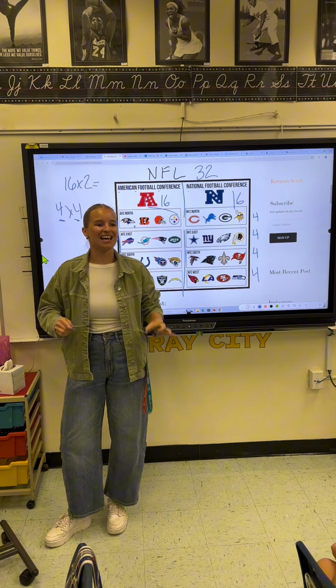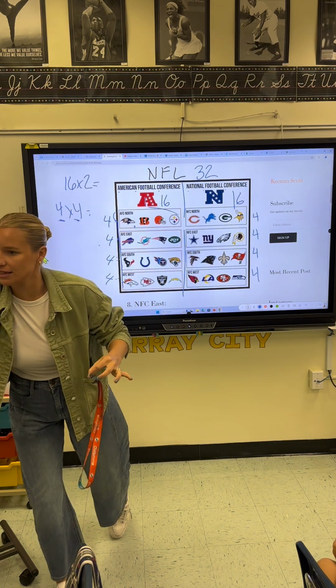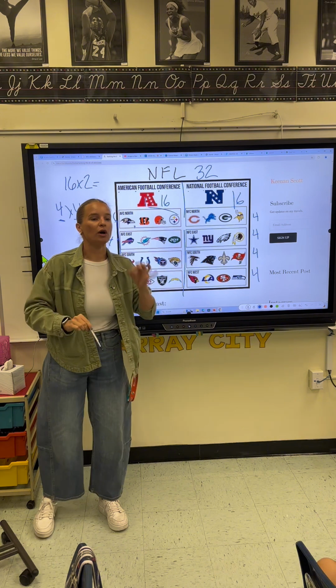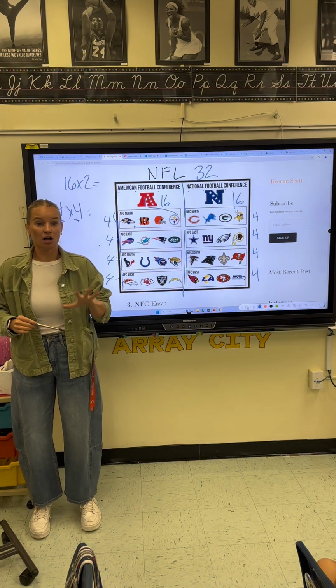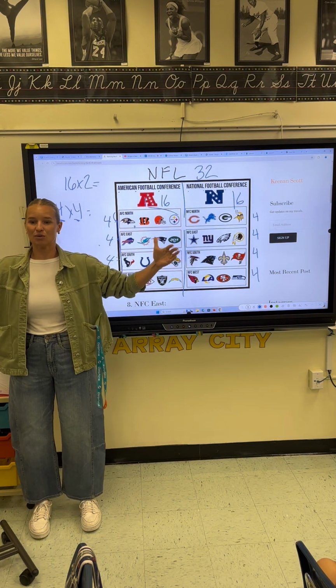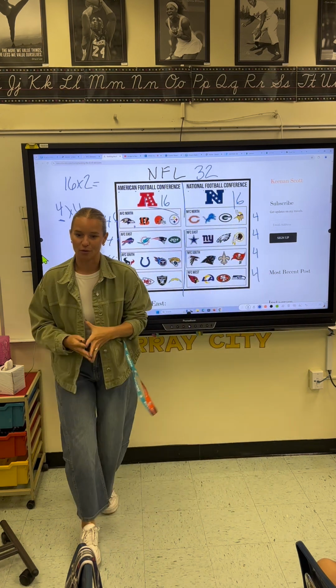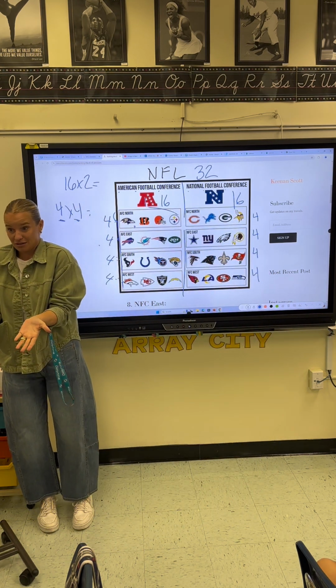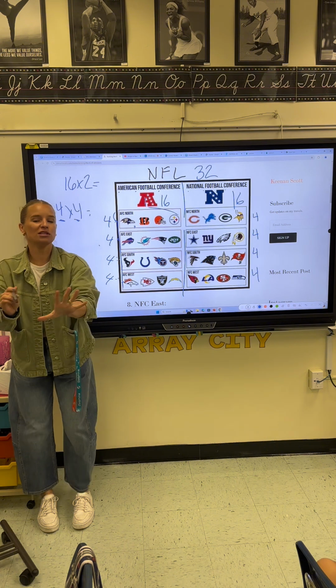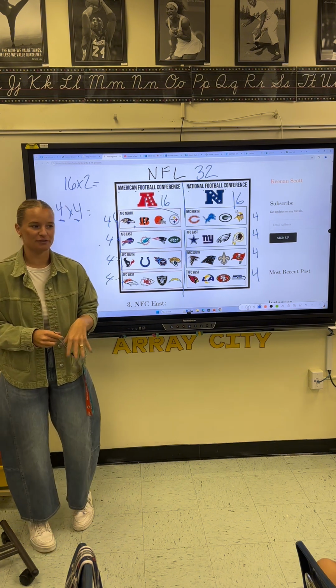There are 17 games. All of your teams will play 17 games in the regular season. Now, if they make it past the regular season and they go to the playoffs, they'll play more. But some of our teams won't make the playoffs. We'll talk about that when we get there because I don't want to get ahead of ourselves.